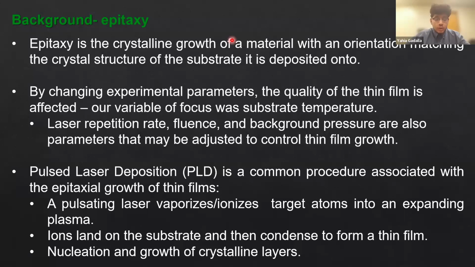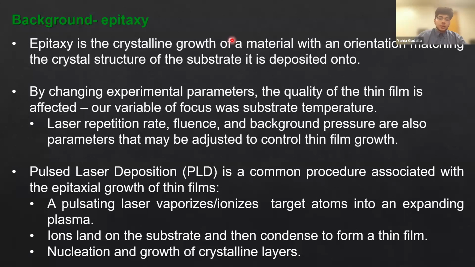The process we used to deposit was pulsed laser deposition, a common procedure associated with epitaxial growth. In PLD, a pulsating laser vaporizes and ionizes target atoms into an expanding plasma. These ions land on the substrate and then condense to form a thin film. The growth of this thin film follows a 2-step model, and it includes nucleation of the atoms and then growth of crystalline layers.